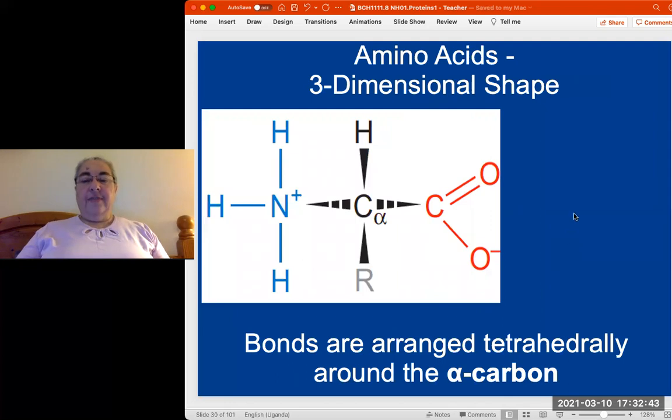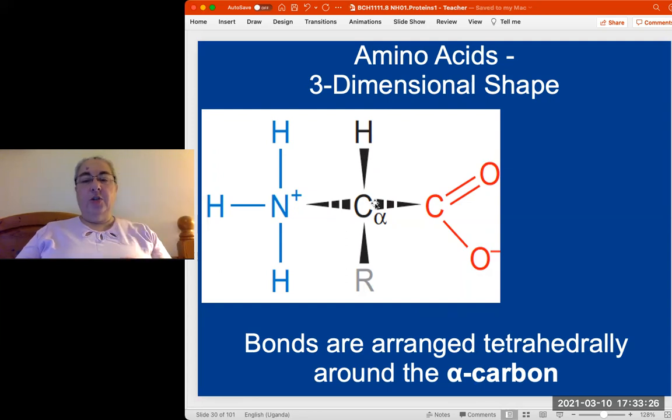So here is another different representation of an amino acid that you might see in books. And this is trying to show that the shape is not just a flat shape, as we're seeing it written on a piece of paper, but it's actually a 3-dimensional shape. It's got depth as well. This representation is trying to show that 2 of these bonds from the alpha carbon are coming towards us, and they are these ones that are shown solid and with this sort of shaped triangle.